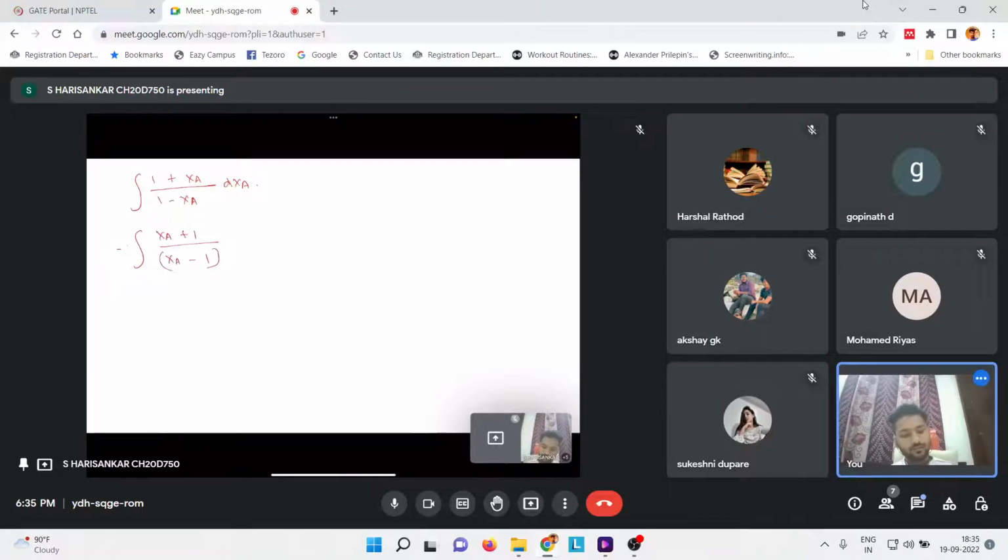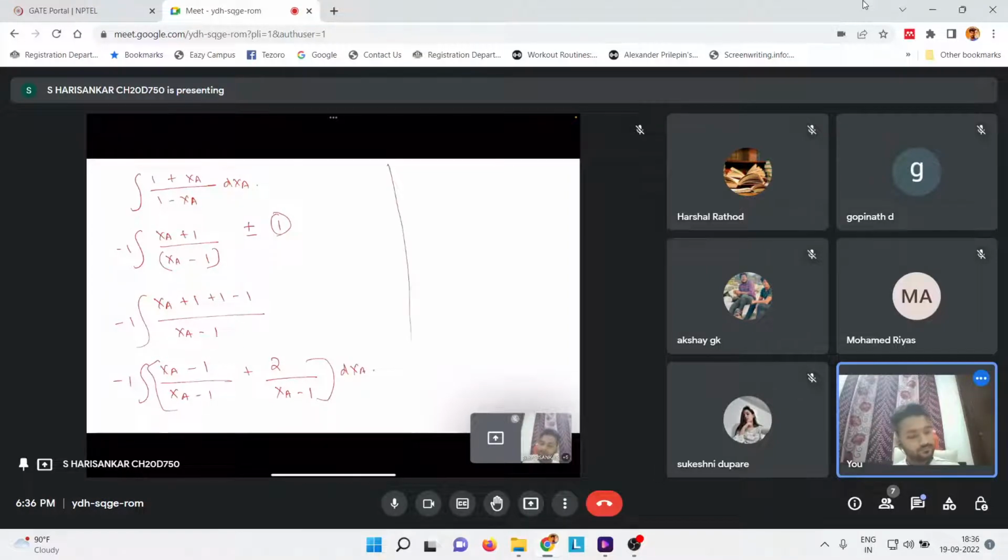Now what we can do is add and subtract 1. So xa plus 1 plus 1 minus 1 by xa minus 1, the whole integral. Now we can rearrange this: xa minus 1 by xa minus 1 plus 2 by xa minus 1, the whole into minus 1 dxa.